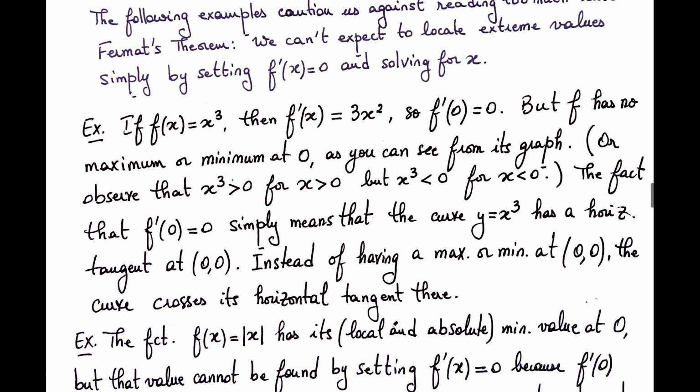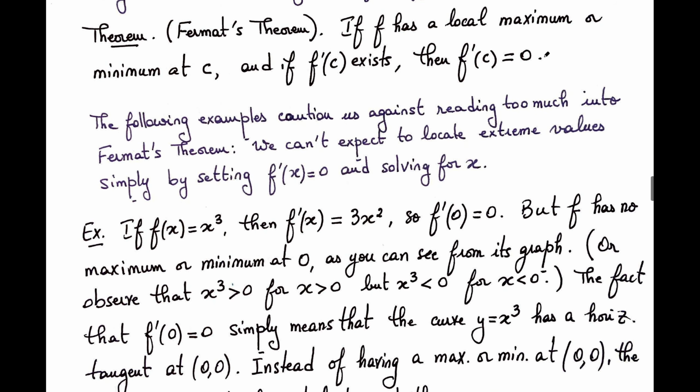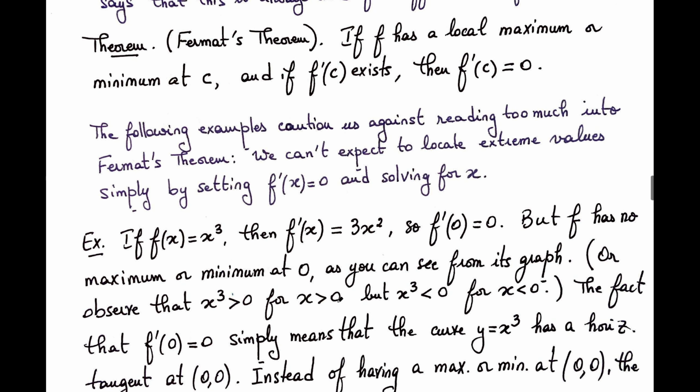Correct? So the point that we're trying to make in these last two examples is that if you want to find the local extrema, don't just look at where f prime vanishes, right?